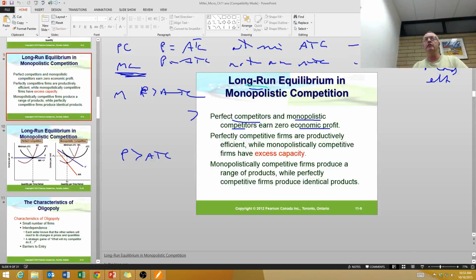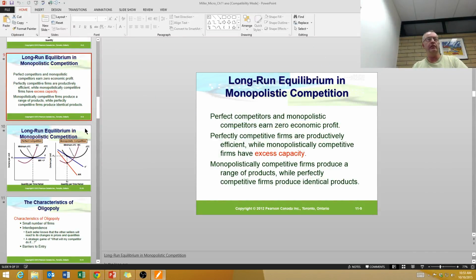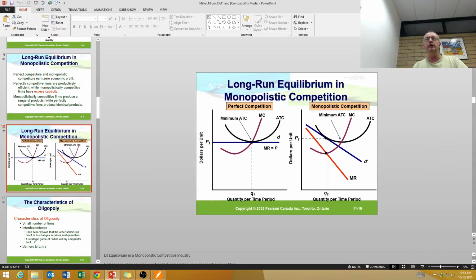Okay, so the final diagram illustrates the same point in diagram form. So in the long run, in perfect competition, price equals average total cost at the minimum average total cost. So here's our average total cost curve.